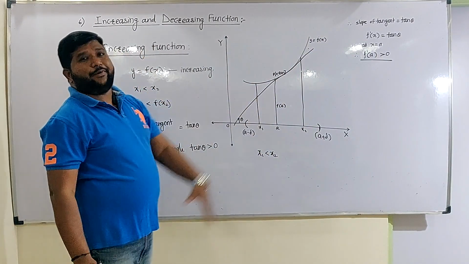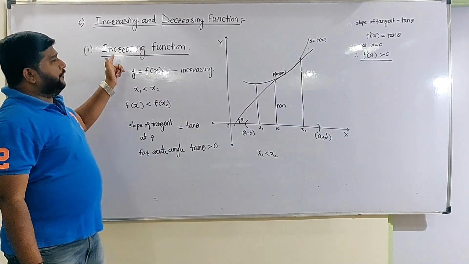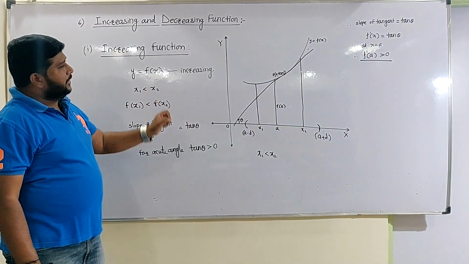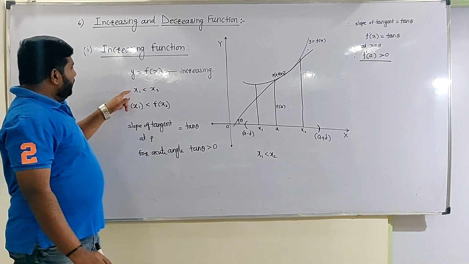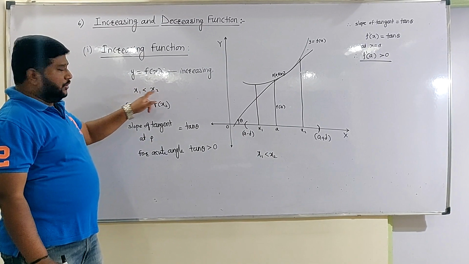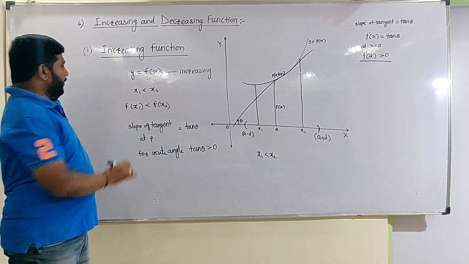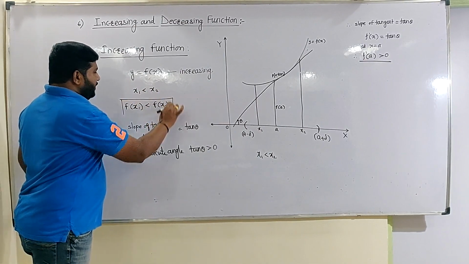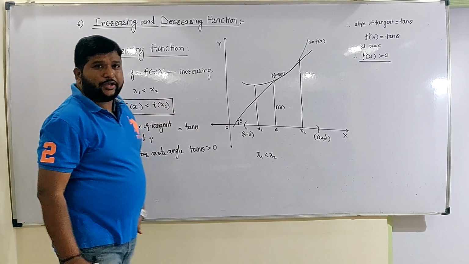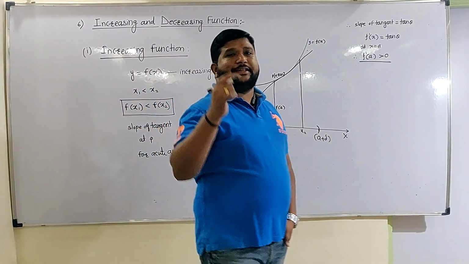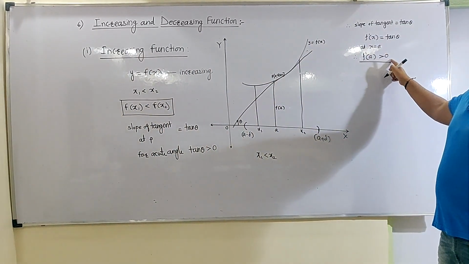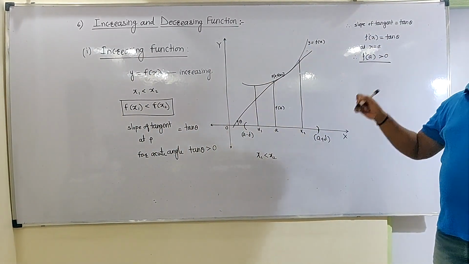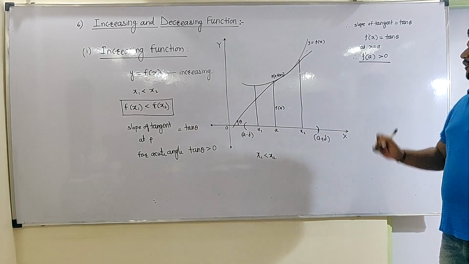So what is the statement of an increasing function? A function f of x is said to be increasing when x1 is less than x2 implies f of x1 is less than f of x2. This function is called monotonically or strictly increasing, such that f dash of a is greater than 0, where f dash of a is the slope of tangent at x equal to a.